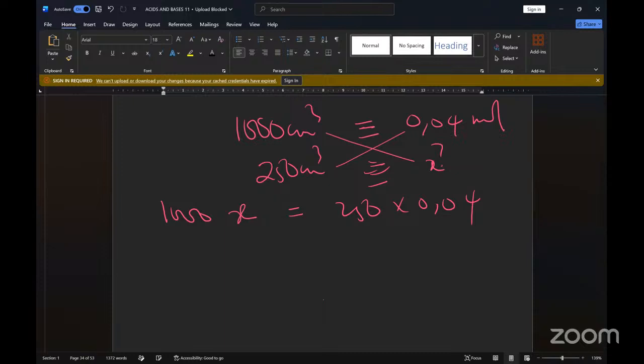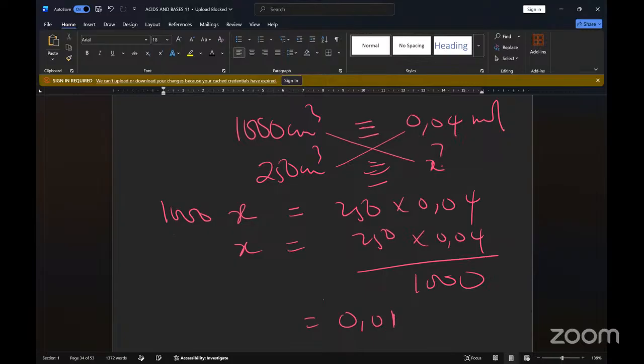So our x is going to be 250 times 0.04 divided by 1,000. Remember, we divide it by 1,000. So 250 times 0.04 is 10, divided by 1,000, and then we get 0.01.